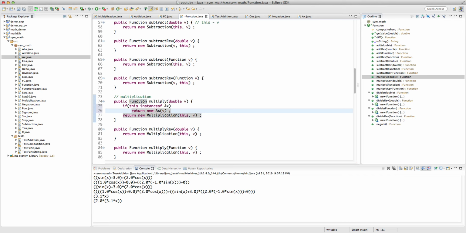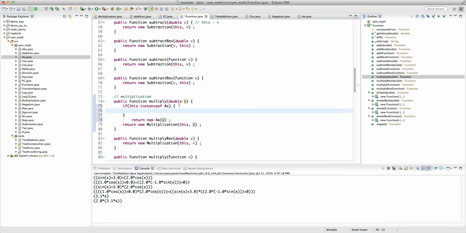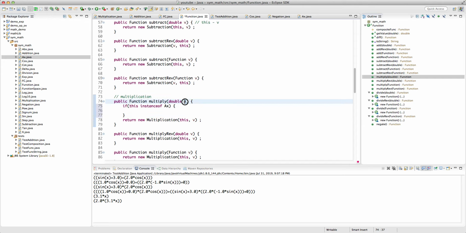Basically, we take this number and multiply it by a from this ax function, and then create a new ax.